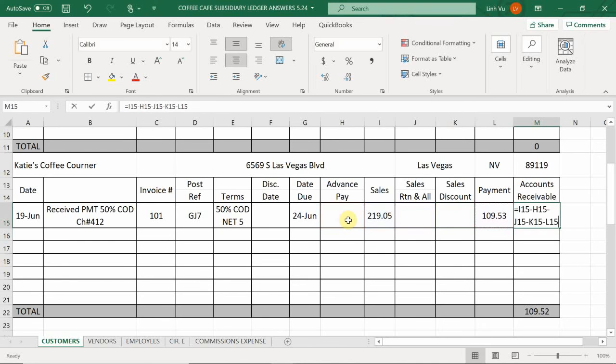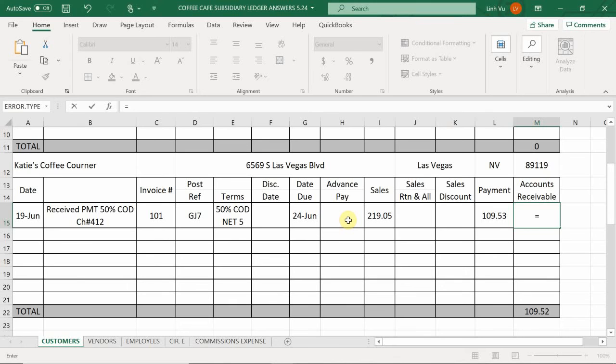So once again, it's your sales minus your advance payments, minus any returns, minus any discounts, minus any payments. So here it tells me that as an account receivable, she owes me $109.52, which we know is right. She owes us this amount.